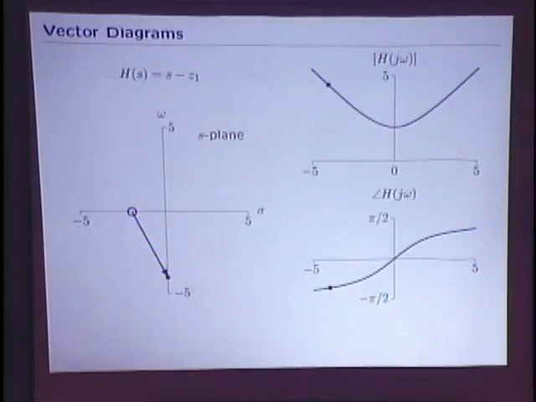Why am I interested in these negative frequencies that don't really exist? Because I have an hour to fill and I don't have enough stuff to fill the hour. No. Why am I interested in negative frequencies?